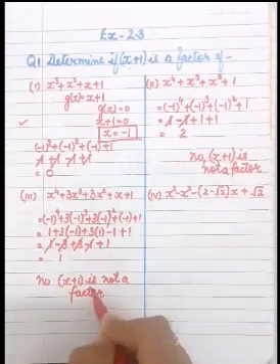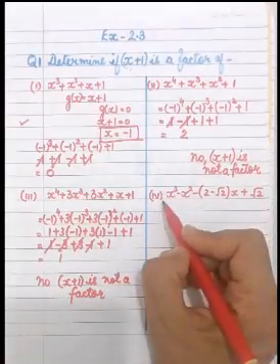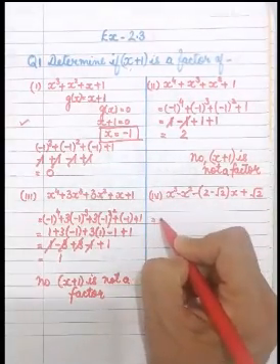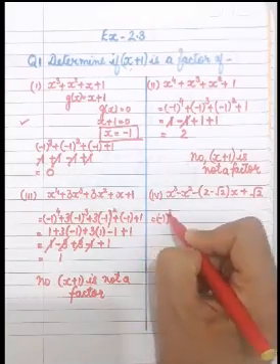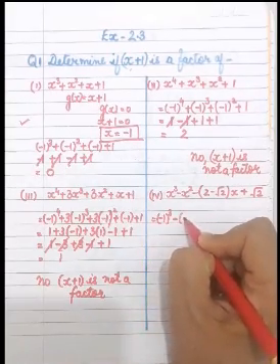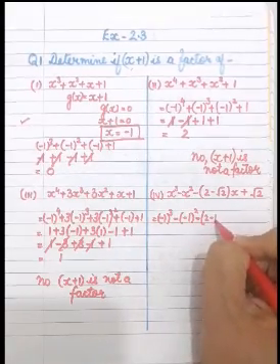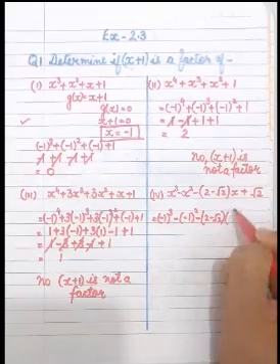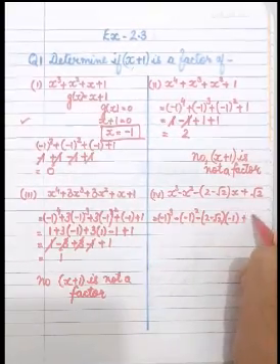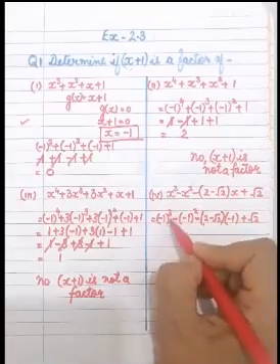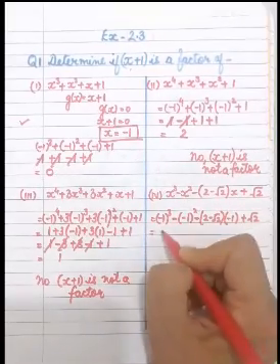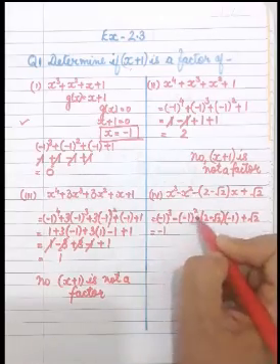Let's come to the last part of the question. Let's again put the value x as minus 1. So (minus 1) cube minus (minus 1) square minus bracket 2 minus root 2 bracket close, times x, that is minus 1, plus root 2. As this is an odd power, it will give me the minus 1 value.